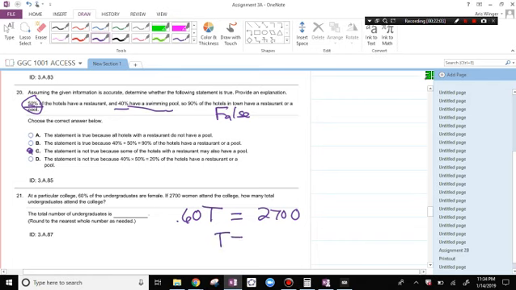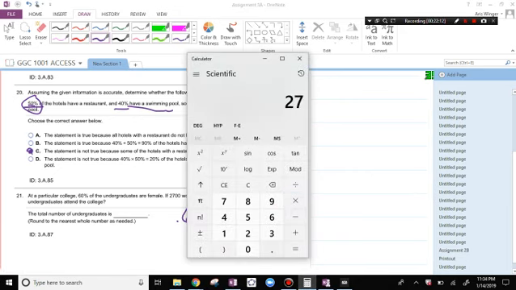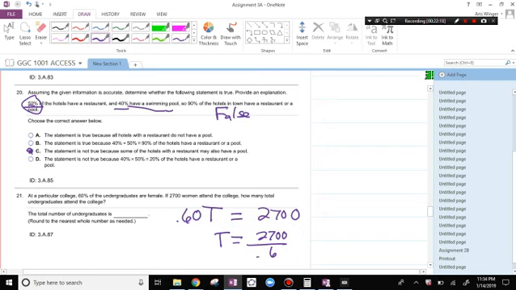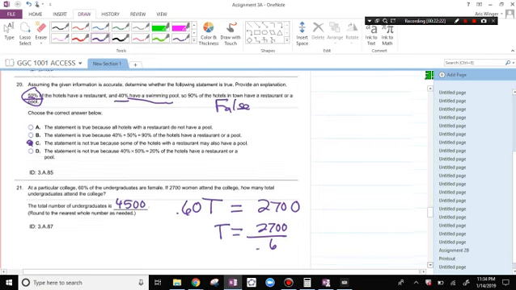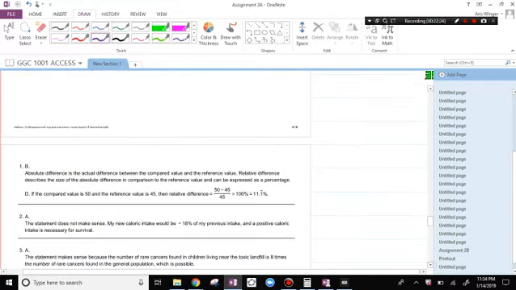So the total is 2,700 over 0.6, dividing both sides by 0.6. 2,700 divided by 0.6 equals 4,500 people total. All right, hope it helps.